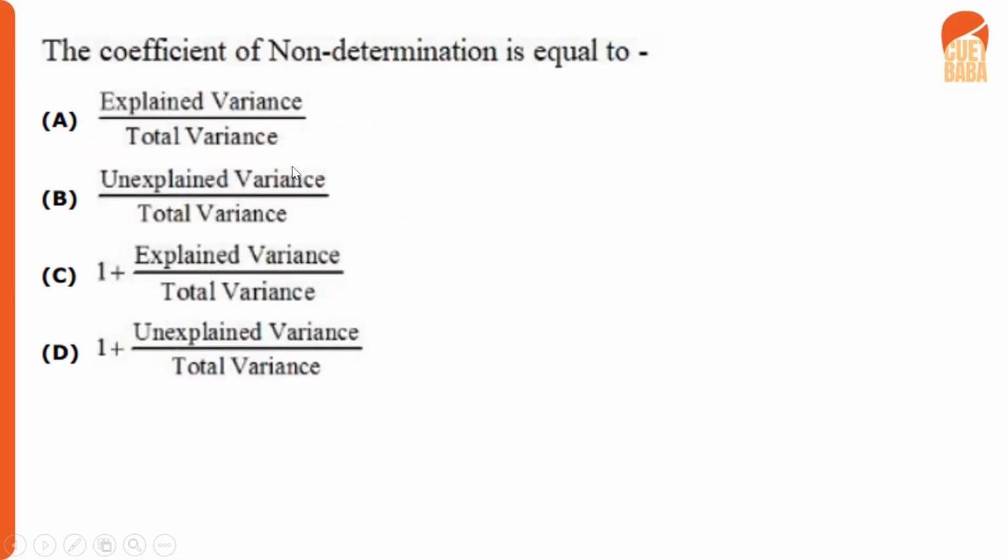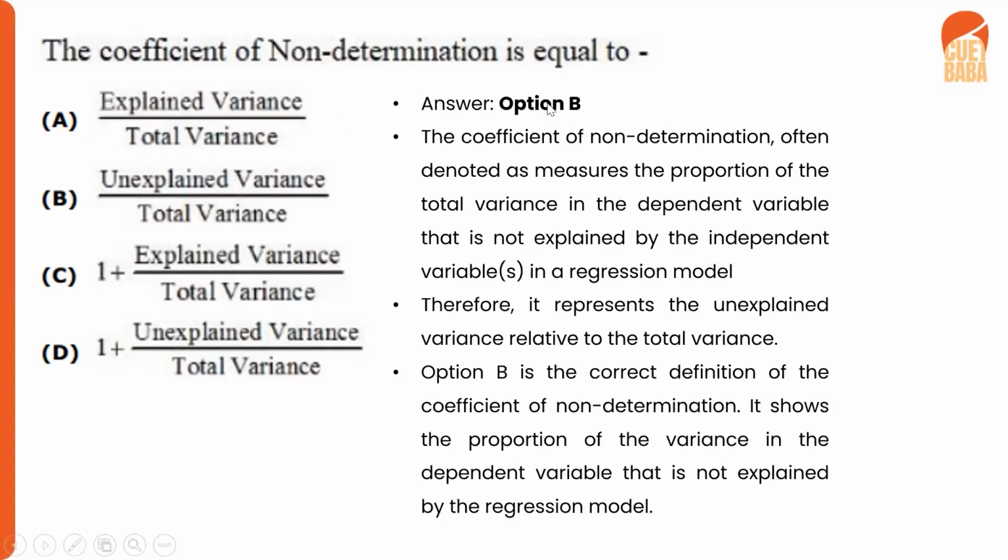So that's when we read the question again, that is, the coefficient of non-determination is asked, right? So the coefficient of non-determination, often denoted, measures the proportion of total variance in the dependent variable that is not explained by the independent variable in the regression model. So why is option B the correct one over here?